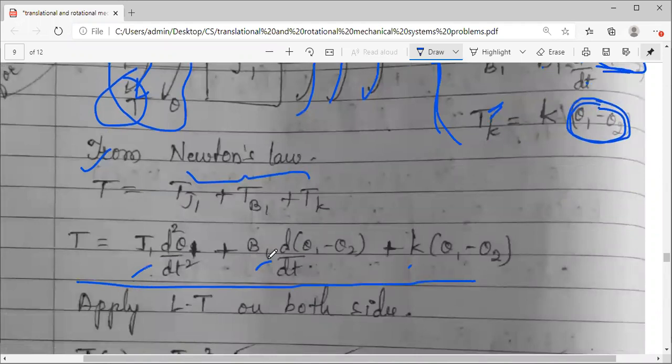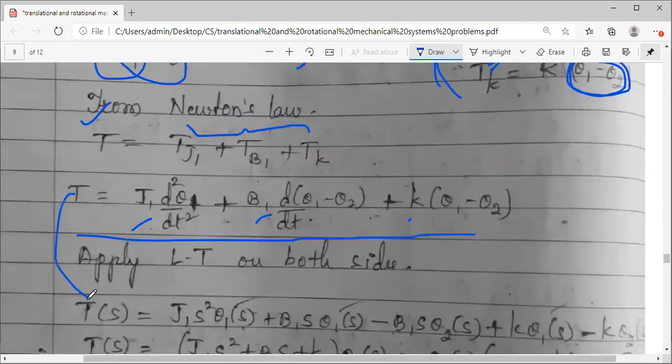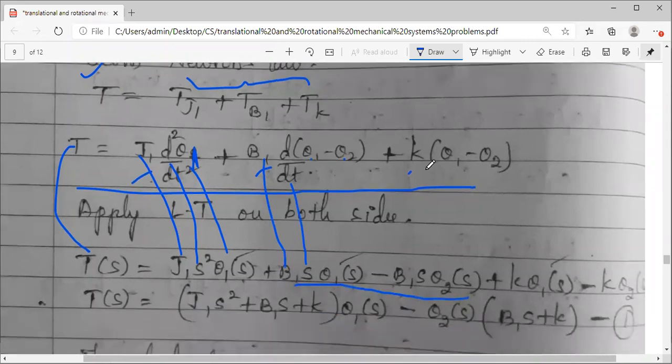Applying the Laplace transform on both sides, T of S is equal to J1, there is a double differentiation, S square, theta 1 of S. Then B1, d by dt, single differentiation, S, theta 1 minus theta 2, I have expanded it here. Or you can take one more step and expand. Plus K, you have just simply K, theta 1 minus theta 2, I have expanded it.